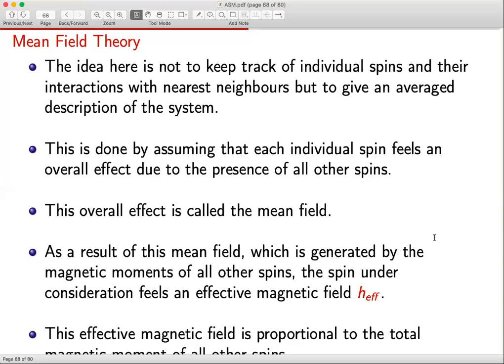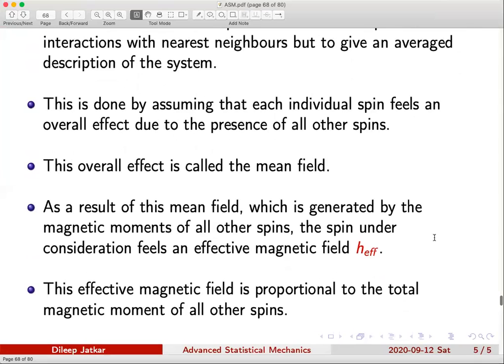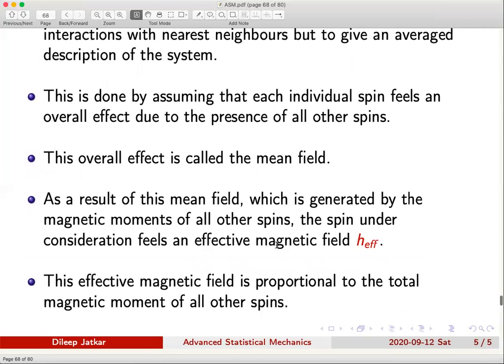Of course this overall effect is going to be j dependent, because that is the piece which makes any individual spin realize the existence of any other spin in the system. So the mean field that we would get is something we would call an effective magnetic field. The total magnetic field that you would have is H plus H effective. Okay, is that fine?